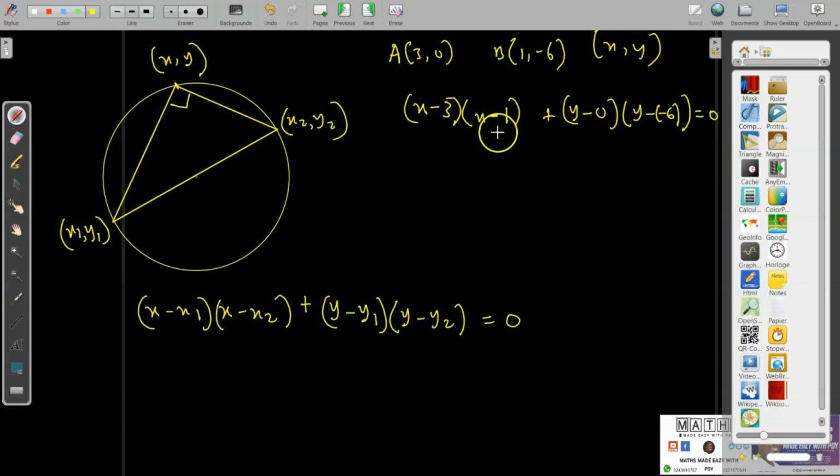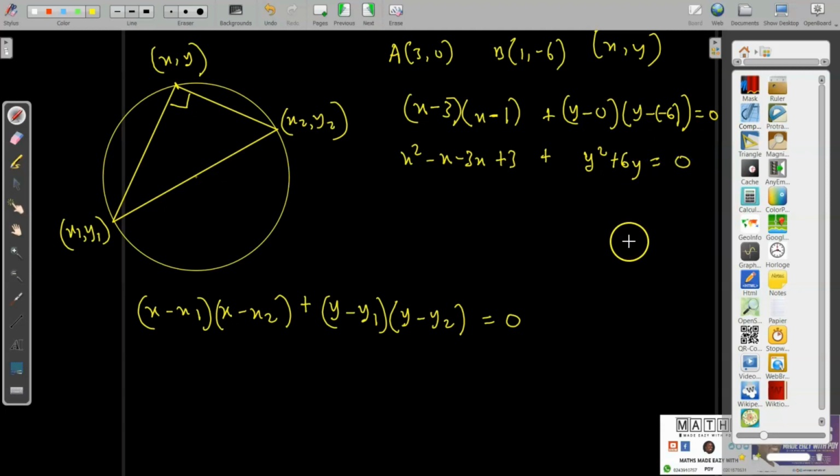Let's expand this one. When we expand this, what are we getting? x times x is x squared. x times -1 is -x. This and that, -3x. This and that will give us +3. Now y minus 0 is the same as y, so you get y times y, you get y squared. y times +6 will give you plus 6y all equal to 0.